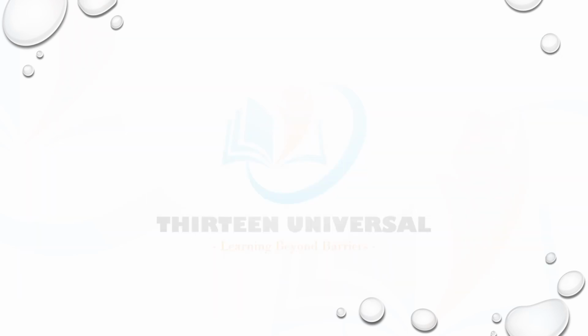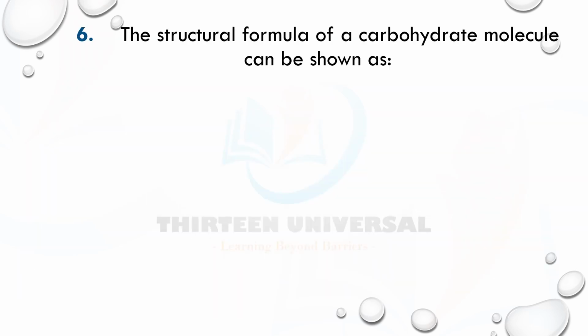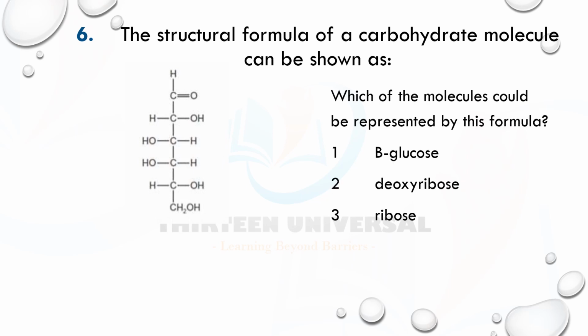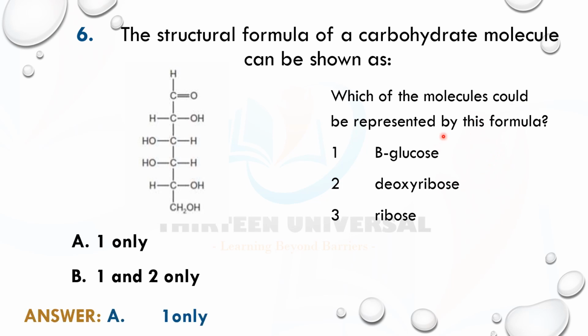All right, let's go to the next question quickly. It says the structural formula of a carbohydrate molecule can be shown as this. I think we've done this question before. Which of the molecules could be represented by this formula? This question is repeated a lot. The answer is beta glucose.